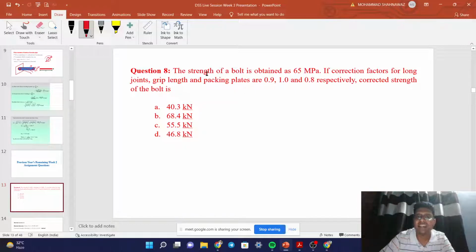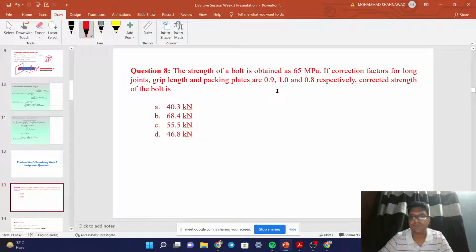Earlier the strength of the bolt was 65 megapascal when no correction factor was involved, meaning we were not taking the factor of long joint, grip length or packing plates. So what will be the corrected strength of the bolt now?